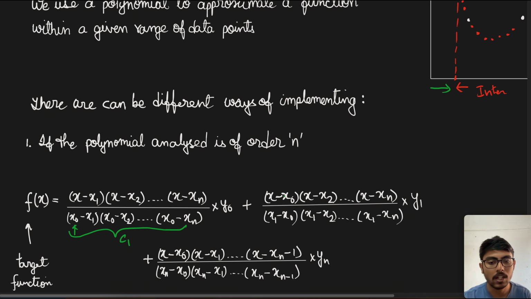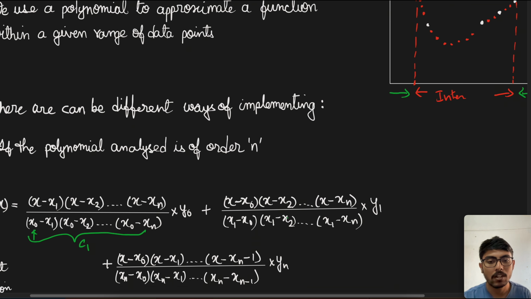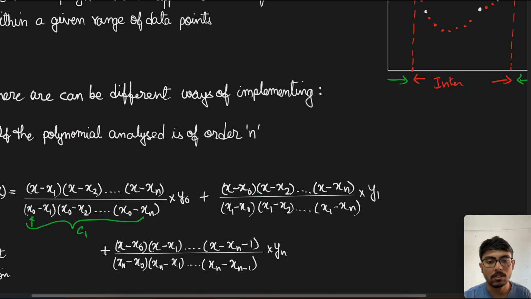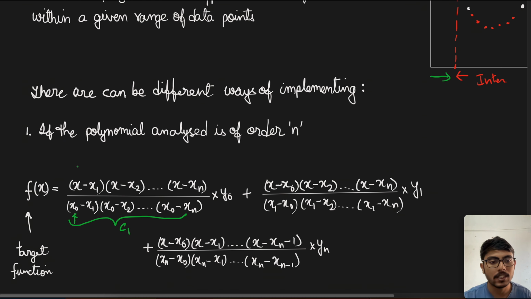This is C1. Now the second one will be x minus x0, x minus x2. You see, in the first term, x minus x0 was missing. In the second term, x minus x1 is omitted. That's how you need to proceed, and similarly x minus x0, x minus x2 up till x minus xn.